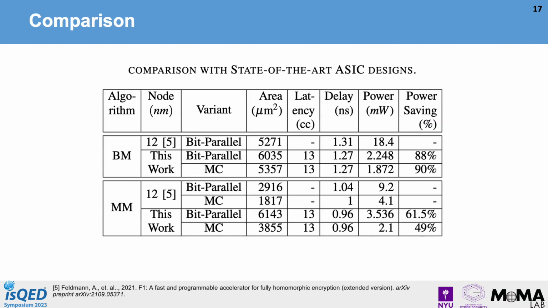This table shows comparison between previous work and our work for Barrett multiplication and Montgomery multiplication. For Barrett multiplication, the power saving is 80% and 90% at the same frequency, while the proposed design has only 20% more area. For Montgomery multiplication, the power saving is 61.5% and 49% at the expense of area, where the proposed design has 2 times more area compared to the earlier work.